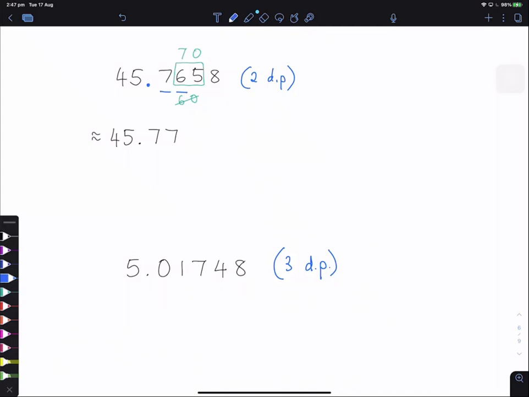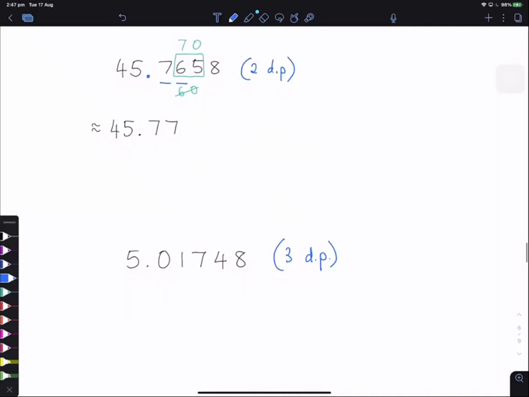Okay, I'm going to do it now. Because you got it all incorrect, you need to do another one. 3 decimal places, 1, 2, 3. You see this last one here, it's 74. We know that this 74 is actually closer to 70.